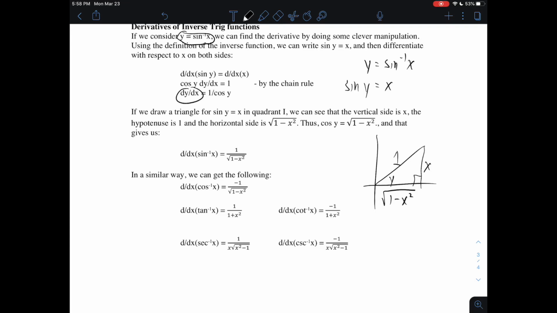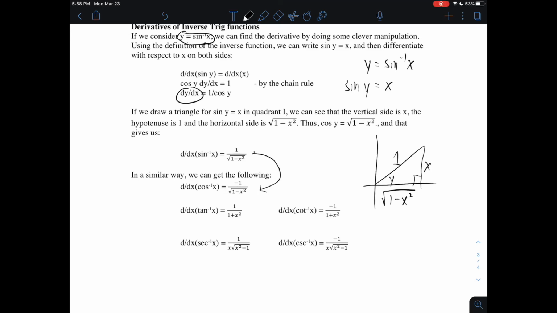In the exact same way, we can get all of the other derivatives of the inverse trig functions. And again, you'll notice some patterns here. What we have for the derivative of sine inverse looks an awful lot like what we have for the derivative of cosine inverse. It's just that they differ by a negative. And then if you see what we have for the derivative of tangent inverse of x, it's 1 over 1 plus x squared.